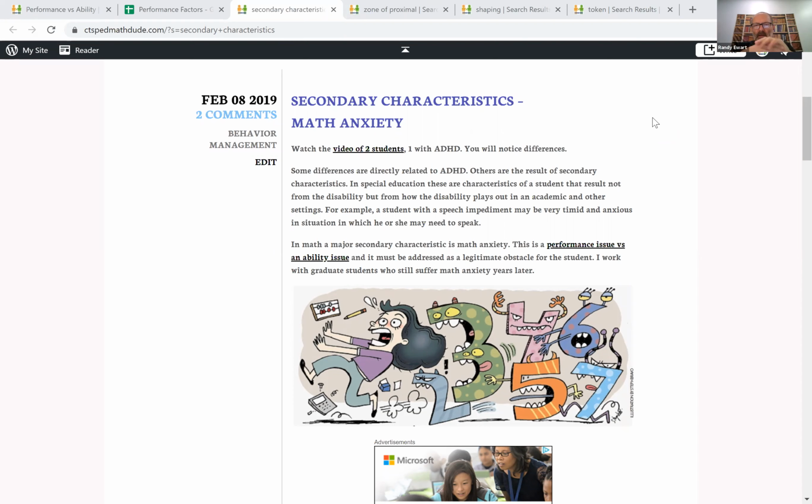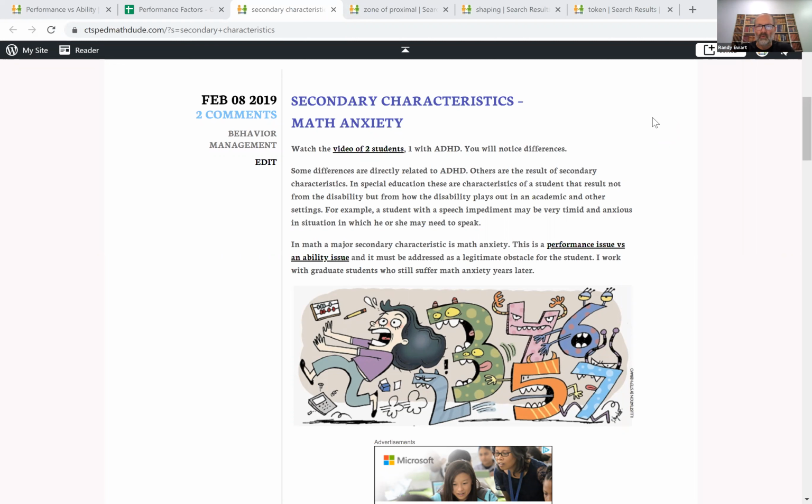So I work with a lot of students with math anxiety. Math anxiety is not a direct product of dysgraphia or a specific learning disability. What happens is the student with dysgraphia or a specific learning disability interacts with the math, becomes anxious because they cannot do it.